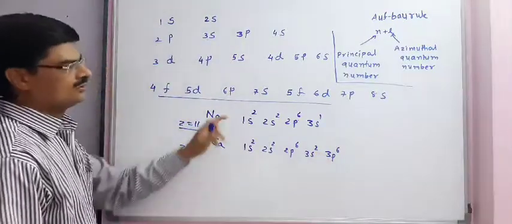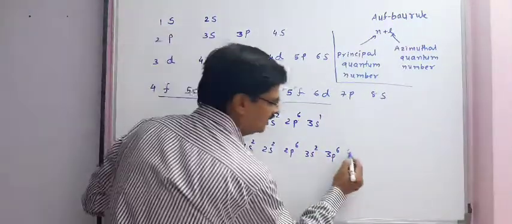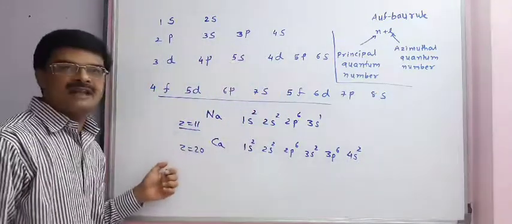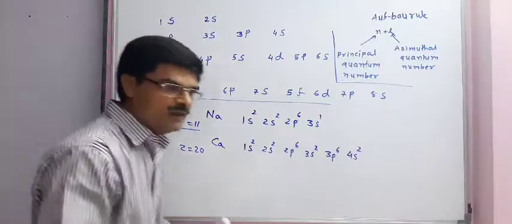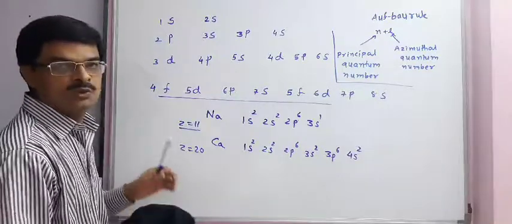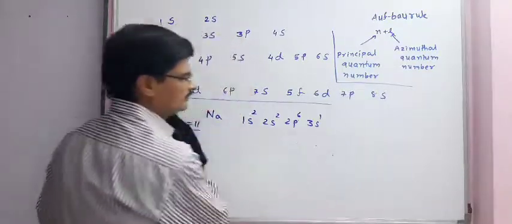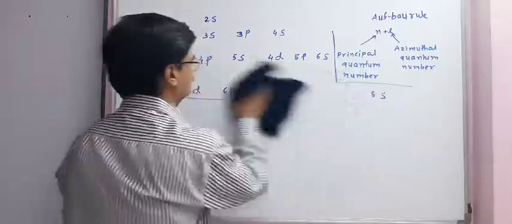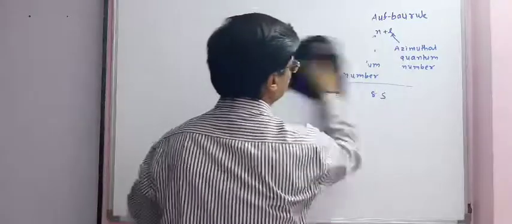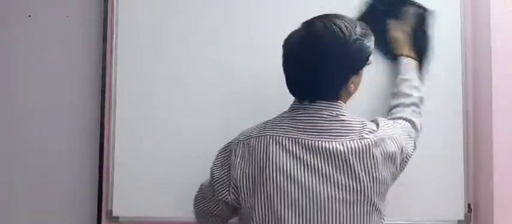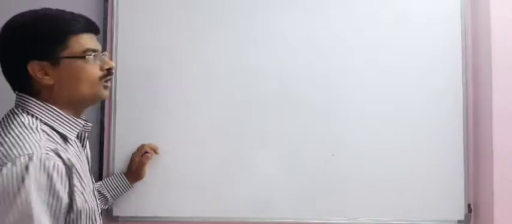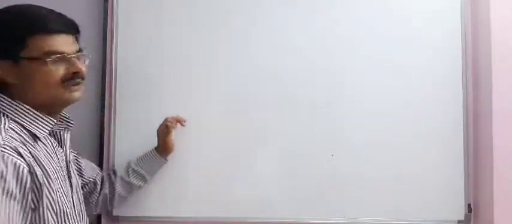Now the remaining 2 electrons are filled in the 4s orbital. This way we can write the electronic configuration. Now we will understand the electronic configuration of elements from hydrogen to zinc, with some exceptions like chromium and copper.